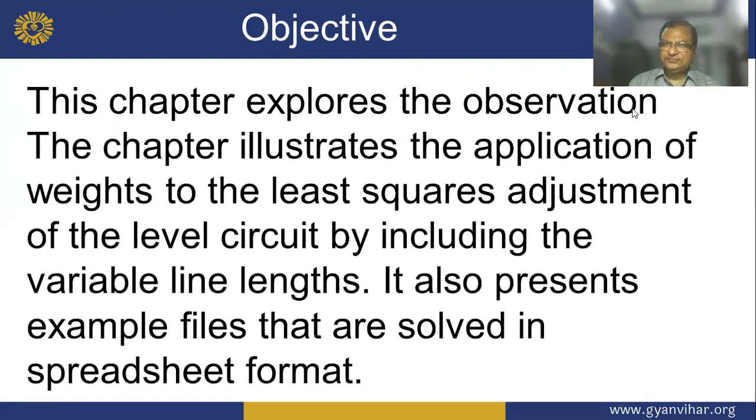This chapter illustrates the application of weights to the least squares adjustment of the level circuit by including the variable line length. It also presents example files that are solved in spreadsheet format.